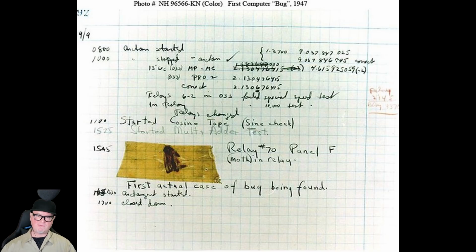Well, the term debugging, this is my favorite story. I just love it so much. It comes from Grace Hopper. This is notes from Grace Hopper's notebook. This one's actually from the Mark II IBM mainframe.